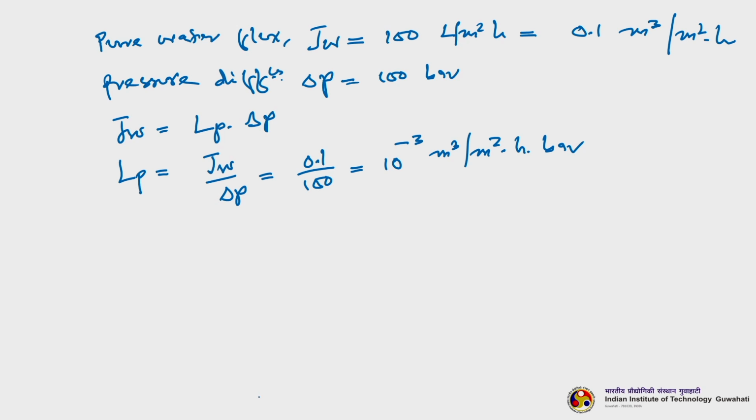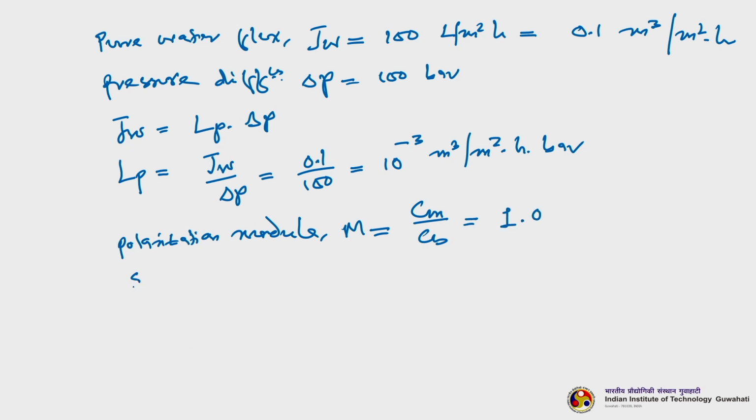Now, we have to calculate the water flux for a 5% NaCl solution as well as the salt flux. It is given that the polarization modulus, capital M, which is nothing but Cm by Cb, is 1 in this particular case.